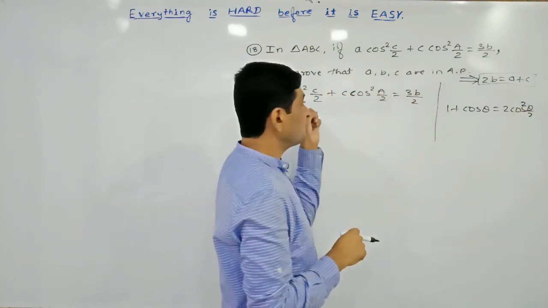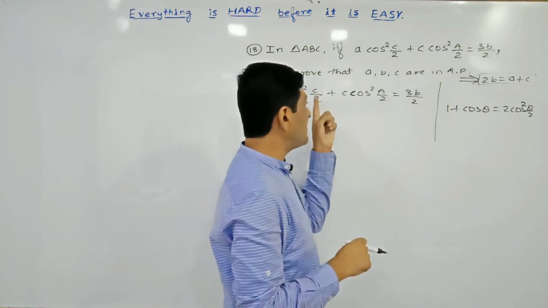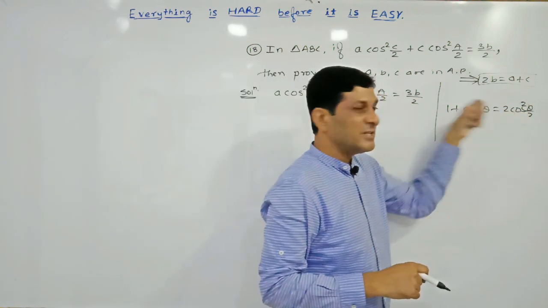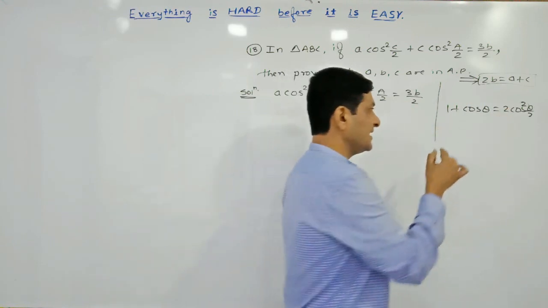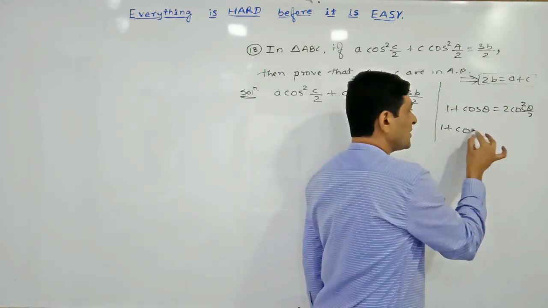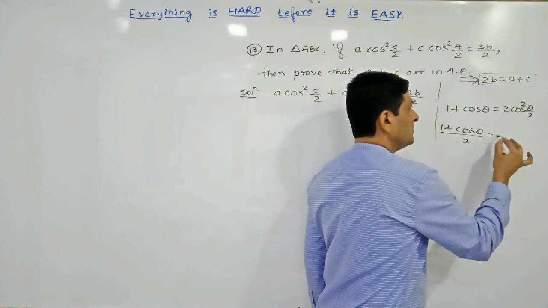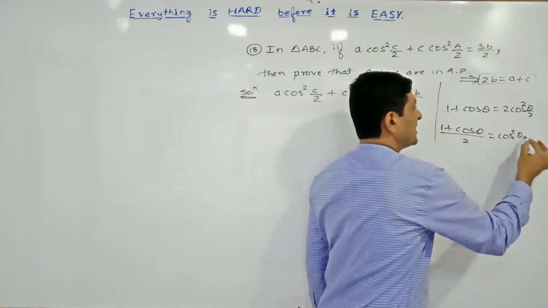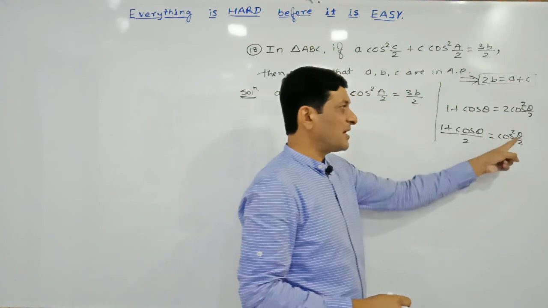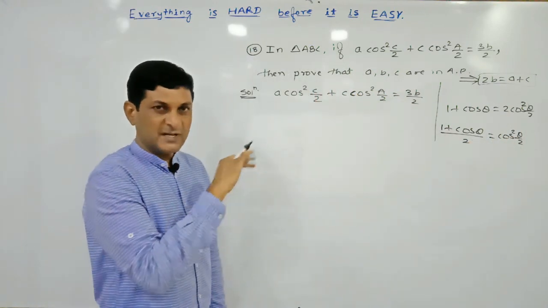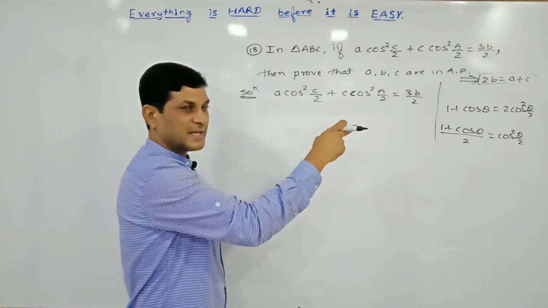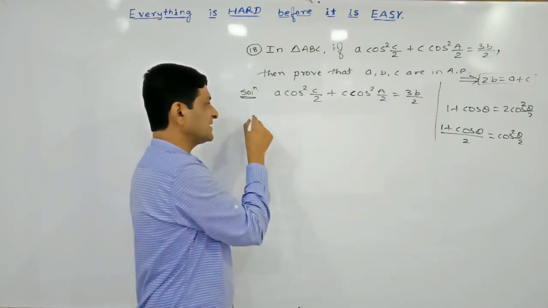Here terms of cos square c by 2 appear. 2 is not present there, so take the 2 to this side. So what will we get? (1 plus cos theta) upon 2 will be equal to cos square theta by 2. Means cos square theta by 2 can be replaced by what? (1 plus cos theta) by 2. So let us apply this formula here to solve this example.